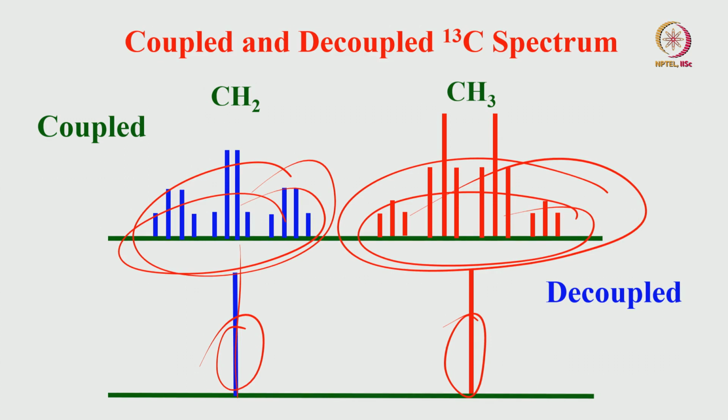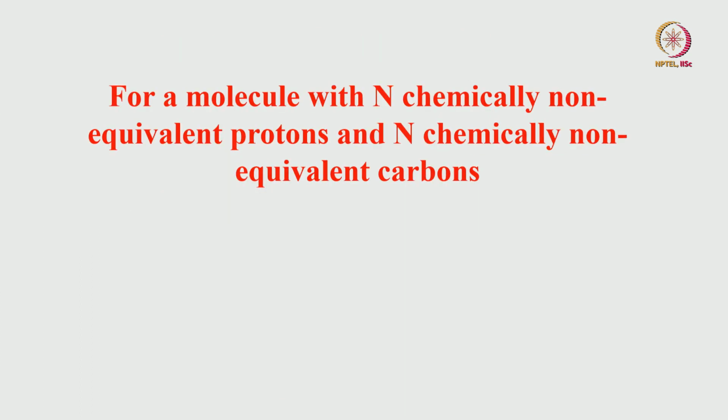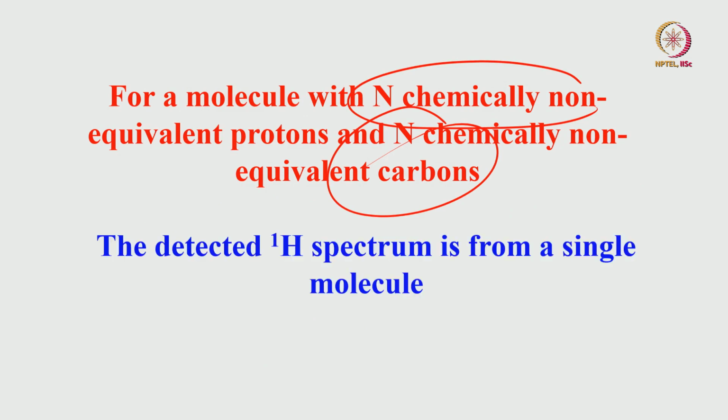It is an ethanol molecule, but what do you understand from this? For a molecule with n chemically non-equivalent protons, the proton detected spectrum is from a single molecule, where all are 100% abundant.